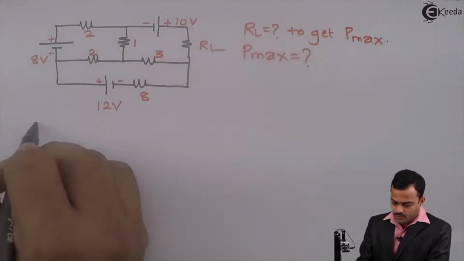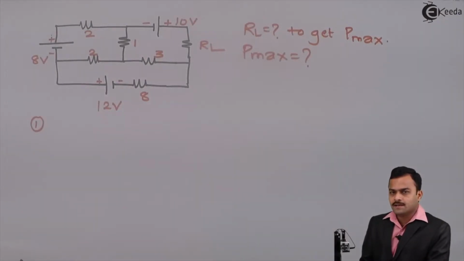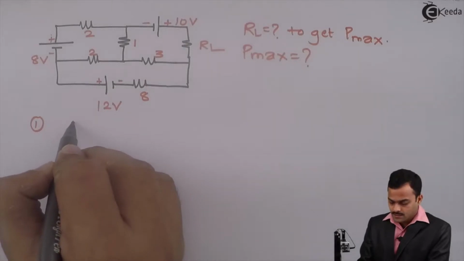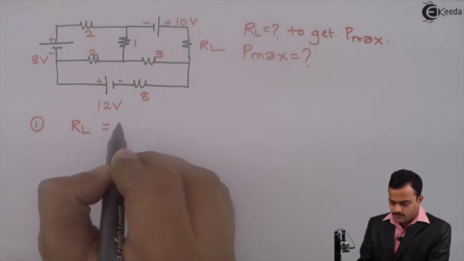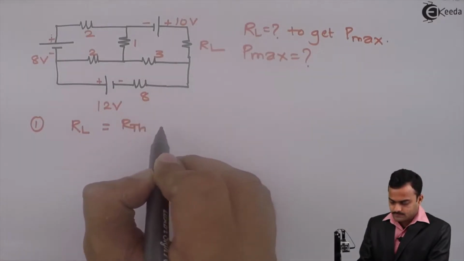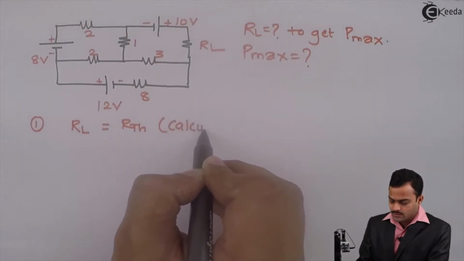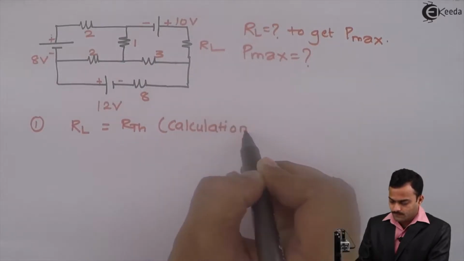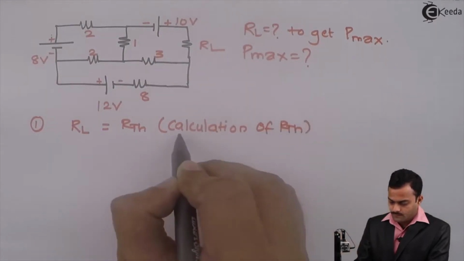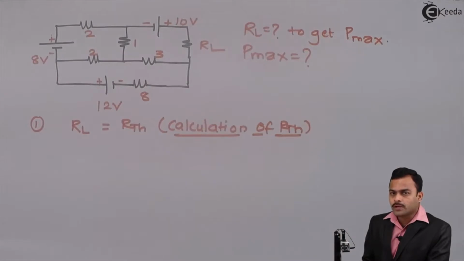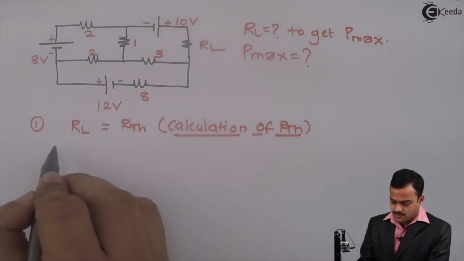Now we know, as per the theorem, the condition for maximum power transfer is RL should be equal to RTH. That implies the first step is calculation of RTH. So what do we need to do for the calculation of RTH?